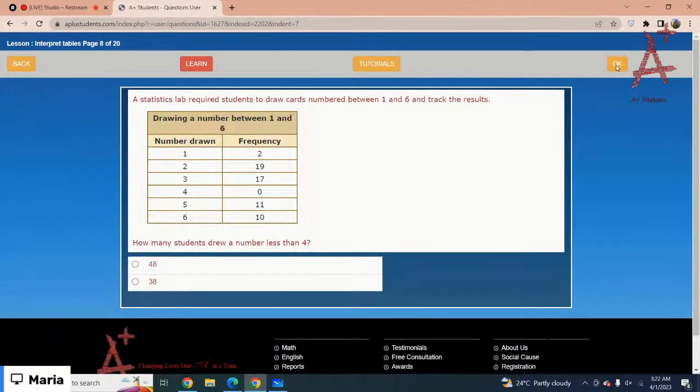A statistics lab required students to draw cards numbered 1 to 6 and track the results. Drawing a number between 1 and 6, you are given the number drawn and the frequency. How many students drew a number less than 4? So you have to add all the frequencies for numbers less than 4. Got it? It would be 17 plus 19 plus 2.